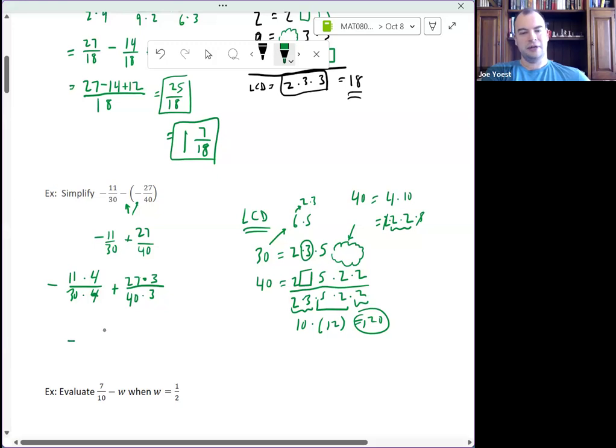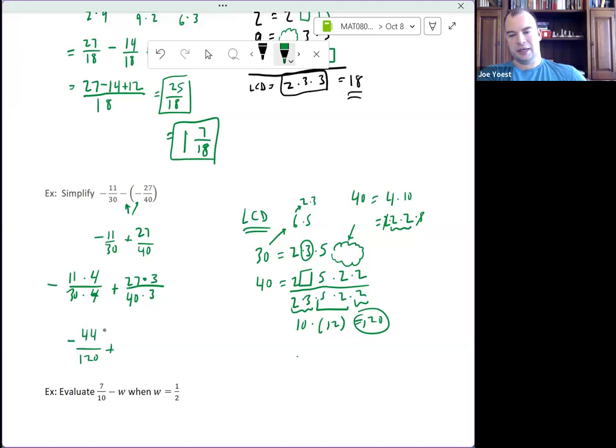So I have negative 11 times 4 is 44 over 120 plus 27 times 3. I could multiply that out over here. 3 times 7 is 21, 3 times 2 is 6 plus 2 is 8, so that looks like 81. Now I've gotten to the point where I only have the sum of two fractions with common denominators, so I can just add the numerators together.